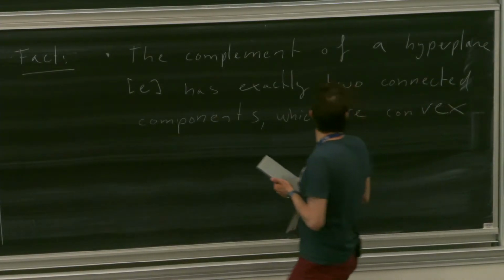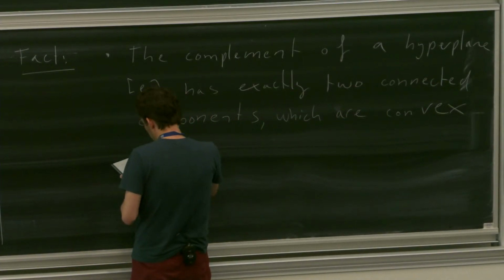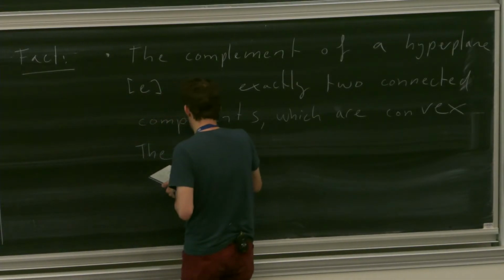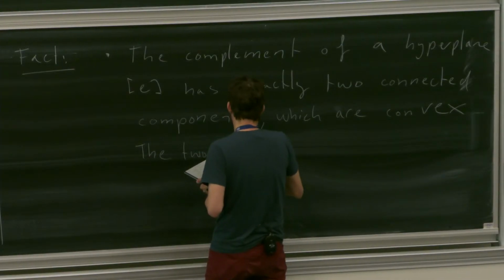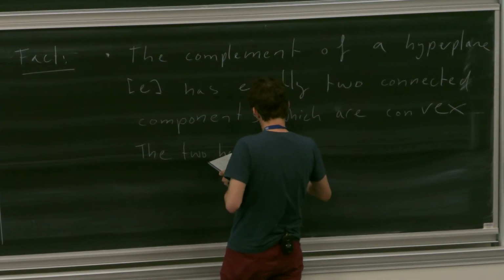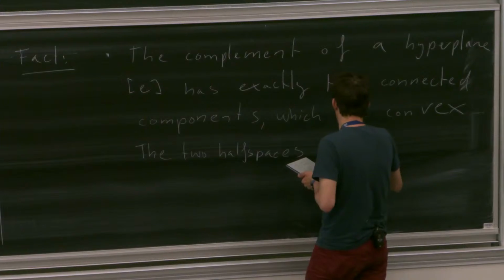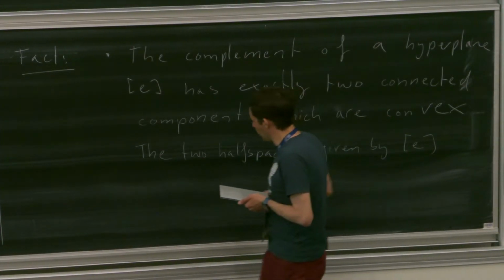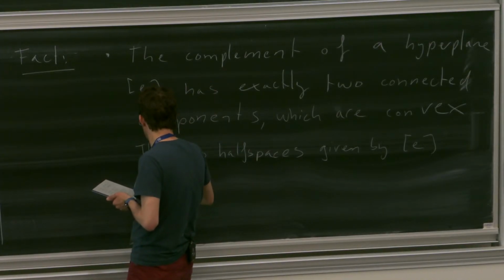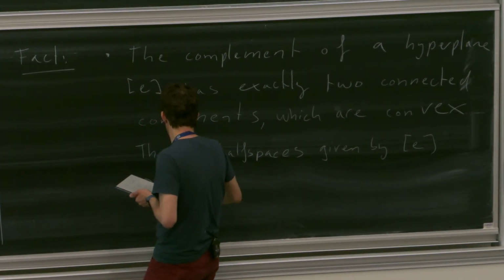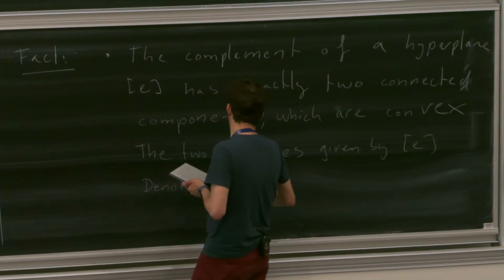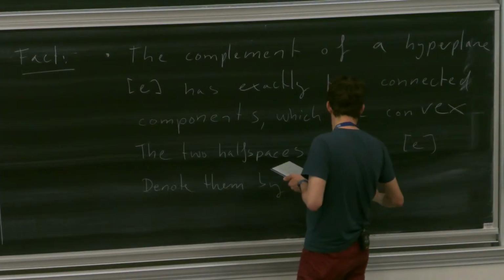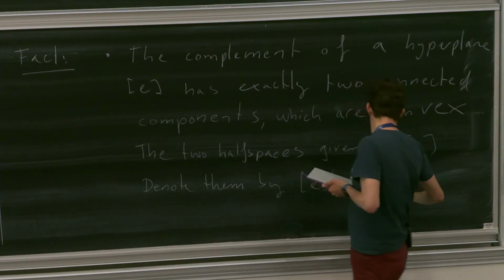The two connected components, we will call them the two half spaces given by this hyperplane. And often we will denote them by E plus and E minus.